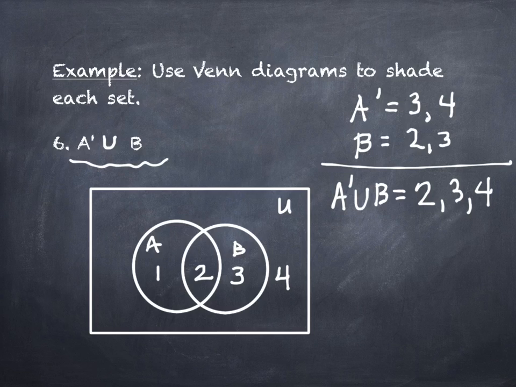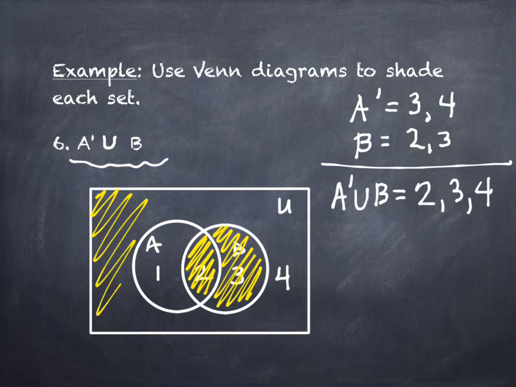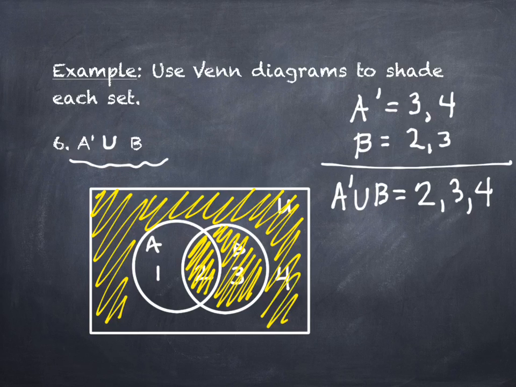But we're not done. What do the directions tell us to do? Shade. So we need to shade the regions that I just wrote the numbers down for. So we'll shade number 2, we'll shade region number 3, and we will shade region 4. So the only thing that does not get shaded is the outside area of set A.